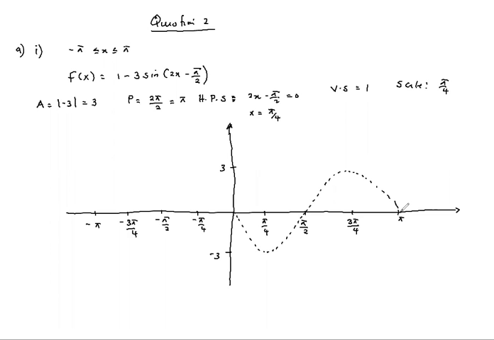Then shift pi over 4 to the right. So every point moves to the right. This guy comes here, there, and this guy comes here. So we'll have this graph.